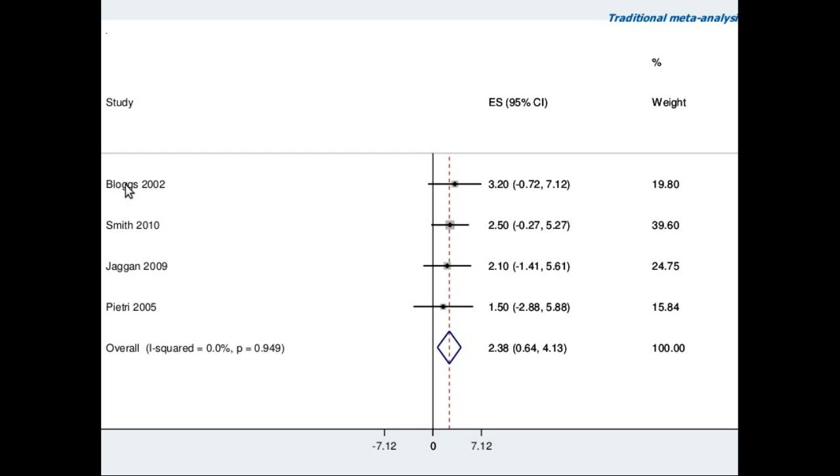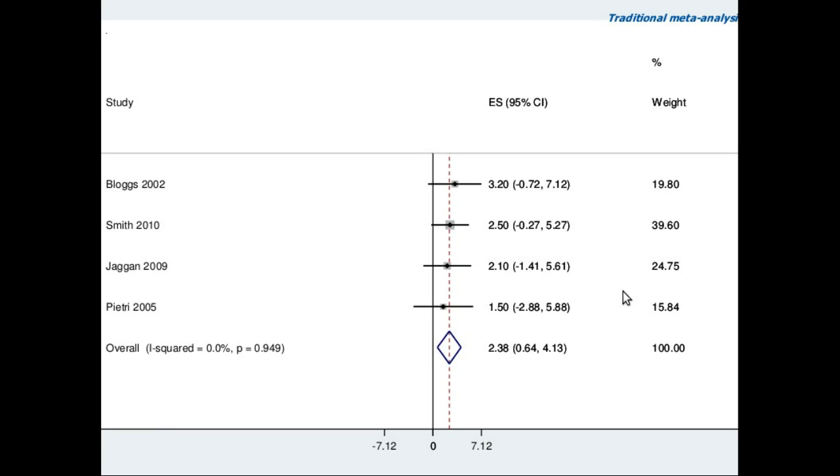So here's a standard forest plot produced using a traditional meta-analytic approach. We've got each of our individual studies with their effect estimate, D, and confidence interval around that. And we see that none of these are quite statistically significant, but that when we take a weighted average, our overall estimate is both positive, and because it doesn't overlap 0, is statistically significant.